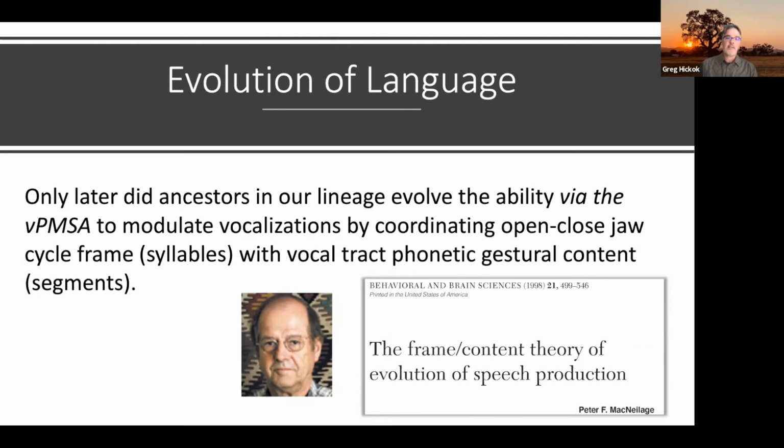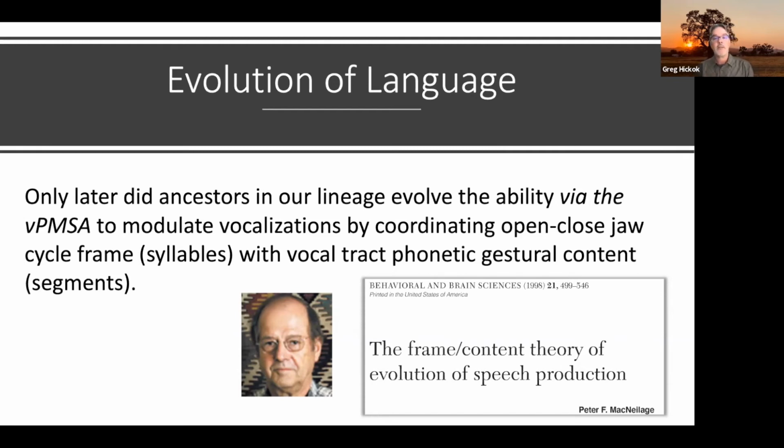Here the idea is that there are open-closed jaw cycles that are used, for example, in mastication. That ability to oscillate between open and closed cycles was coordinated with the ability to produce phonetic gestures, so different configurations, different endpoints of that open and closed cycle. The open portions, of course, correspond to vowels. The closed portions correspond to consonants. Once you get coordinated control over that, then you can start producing syllables with phonetic content. So the frame is the syllable, the open-closed cycle.